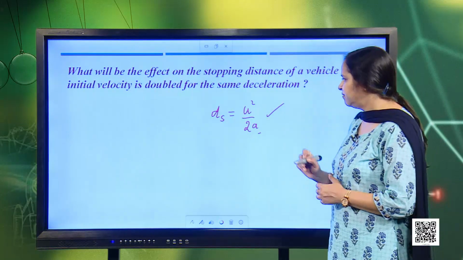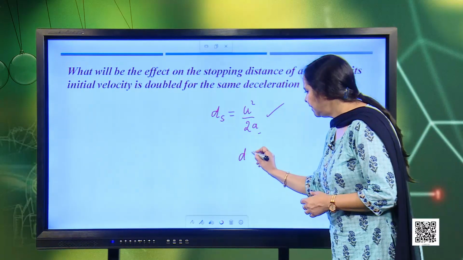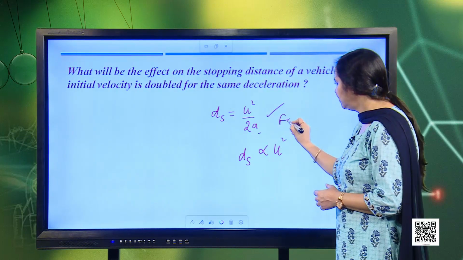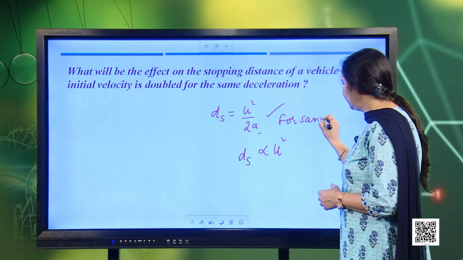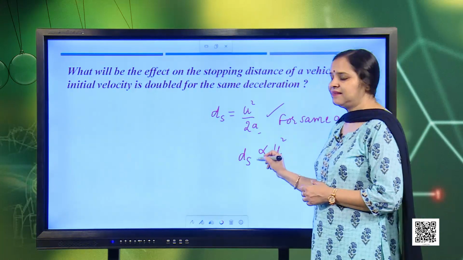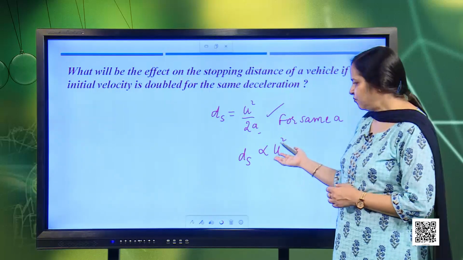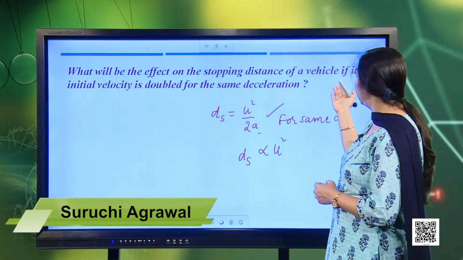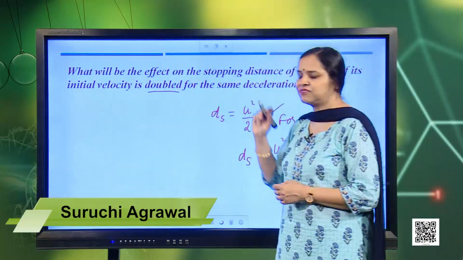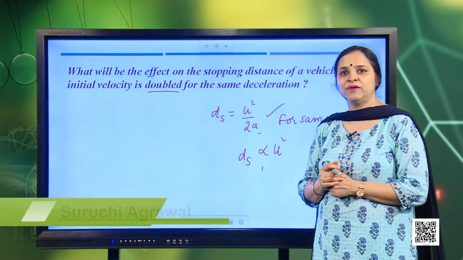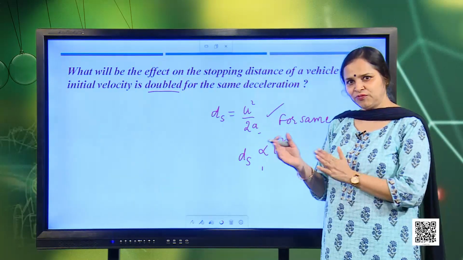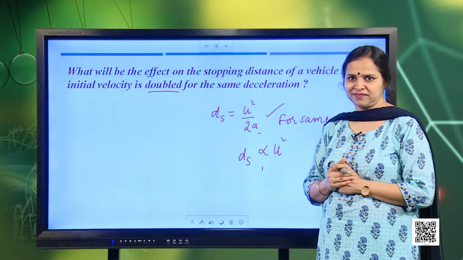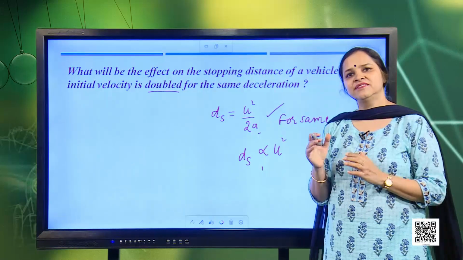For the same value of acceleration, ds is directly proportional to u square. Since ds is proportional to u square, when the initial velocity is doubled, 2 times u, the stopping distance will become 4 times the initial stopping distance. So this is how we calculate the stopping distance.